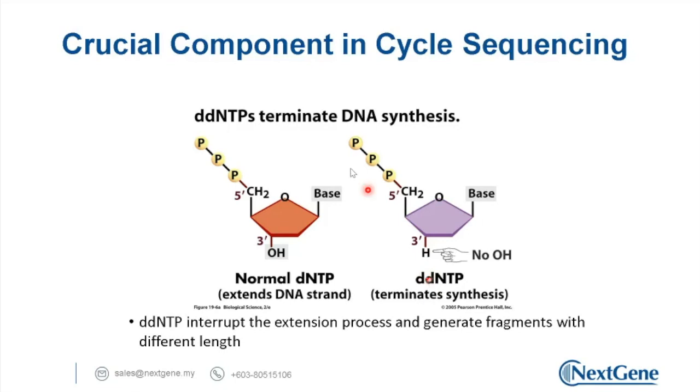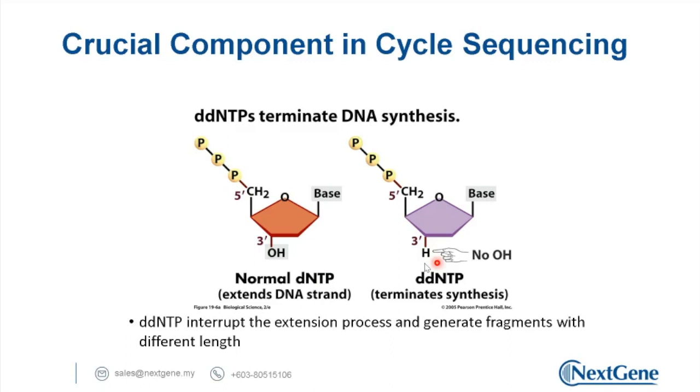So this slide is to show you the extra component that I was talking about, which is the ddNTP. As you can see here, the difference is that the ddNTP does not have an oxygen group. This is a normal dNTP.